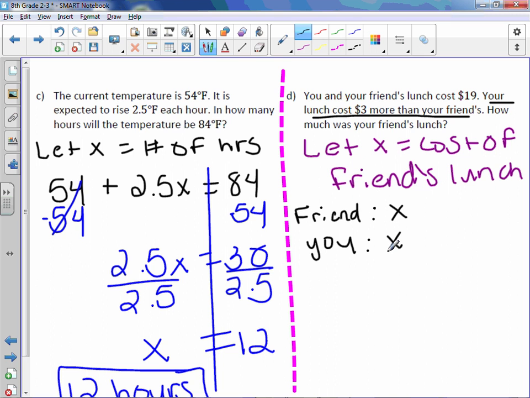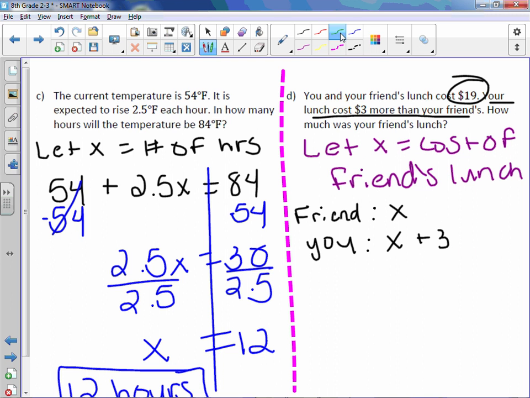So I know that my lunch is $3 more than X. So if their lunch were $10, mine would be 10 plus 3. And the total is 19. So we have to take your friend and your lunch and add them together.